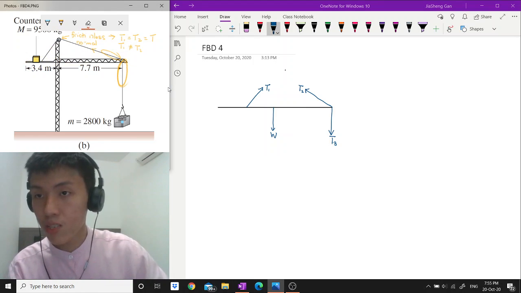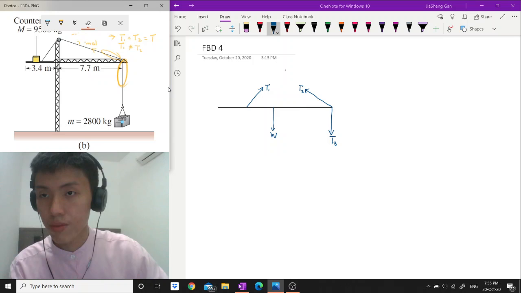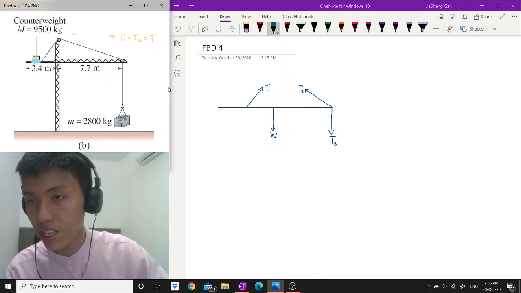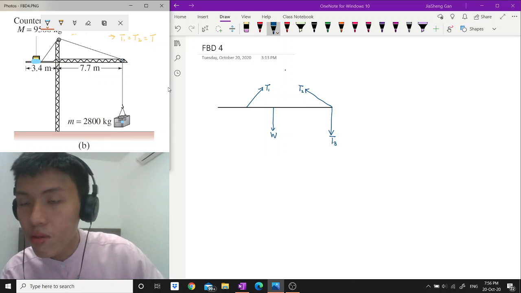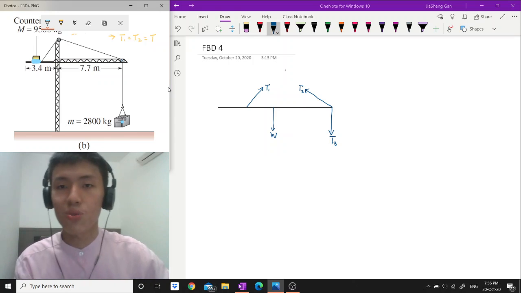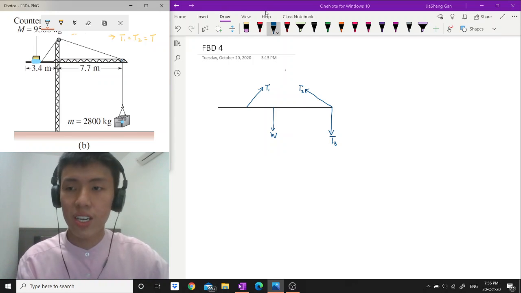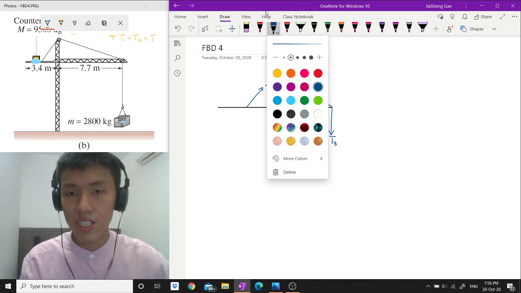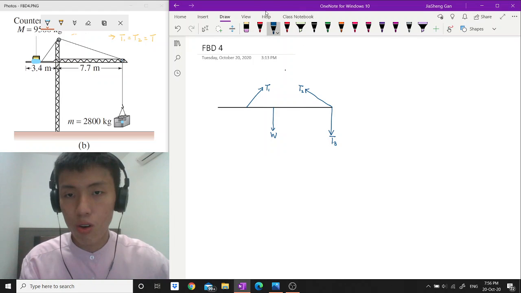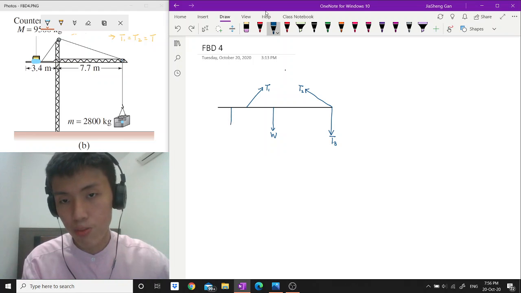On this body here, let me wipe this thing off first. On this body here, we see there's a few contact surfaces. One is this thing contacting. Wait, that's all. That's the only thing contacting. So in that case, it's just a normal force pointing downwards.